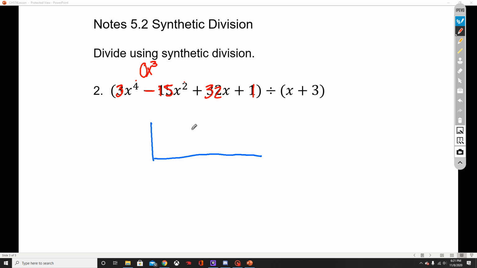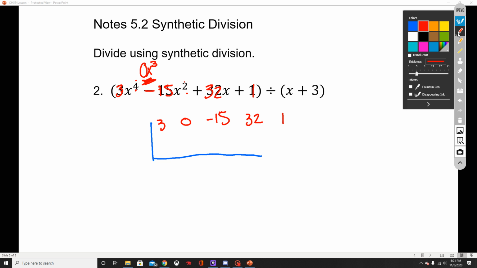You have to account for any of them that are missing. So if there's an x to the fourth and an x squared, there should be an x cubed in between, and it should have a coefficient of 0. So my coefficients are 3, 0, negative 15, 32, and 1.